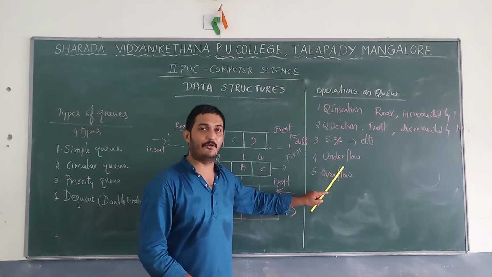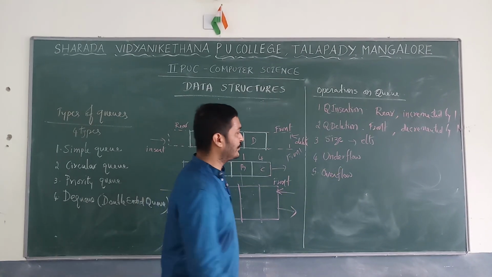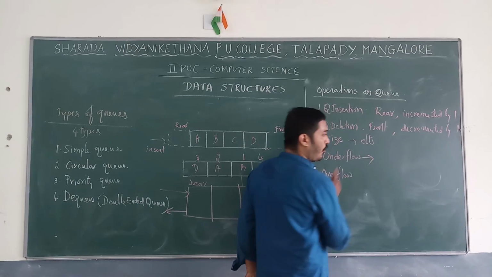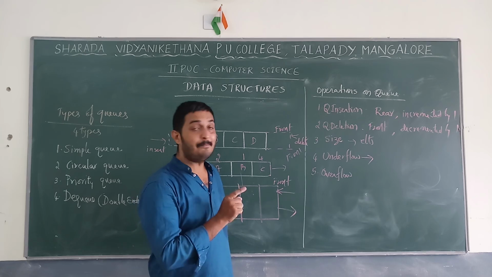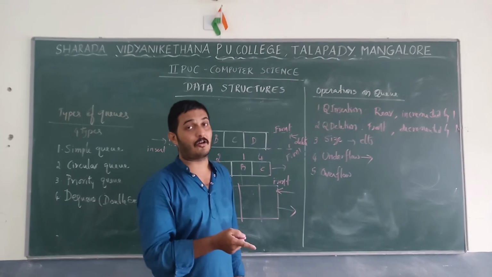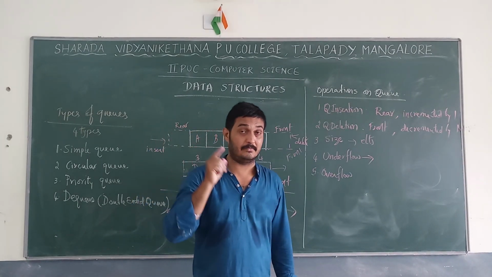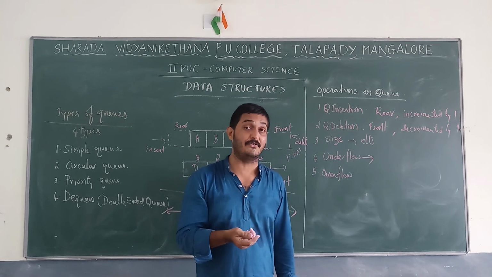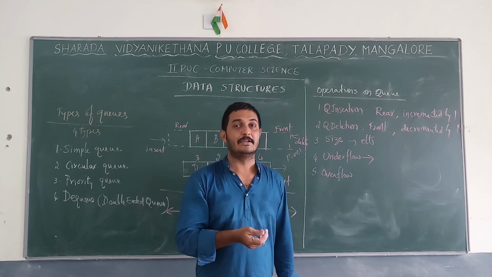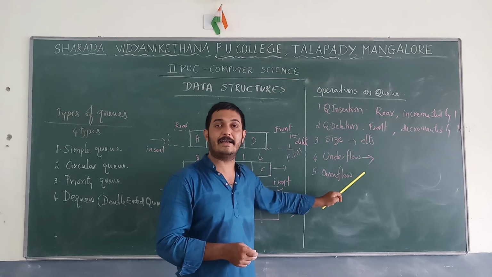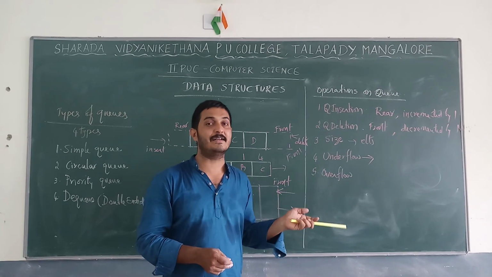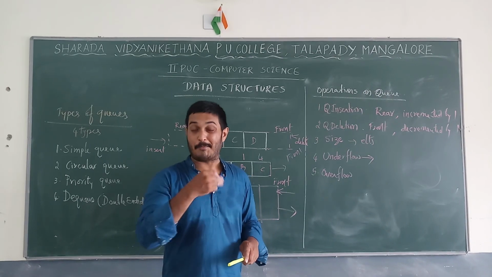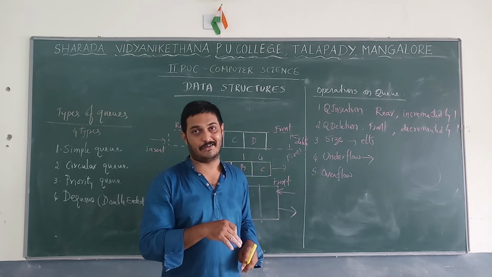Next one is underflow. This operation checks whether the queue is empty or not. Stack also uses the underflow operation. Underflow indicates whether the queue is empty or not. If it is empty, it is not possible to perform operations like deletion.